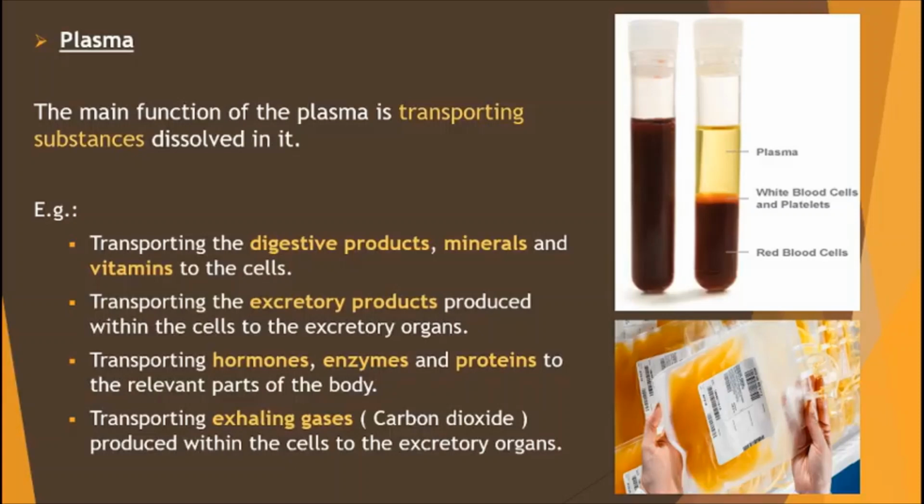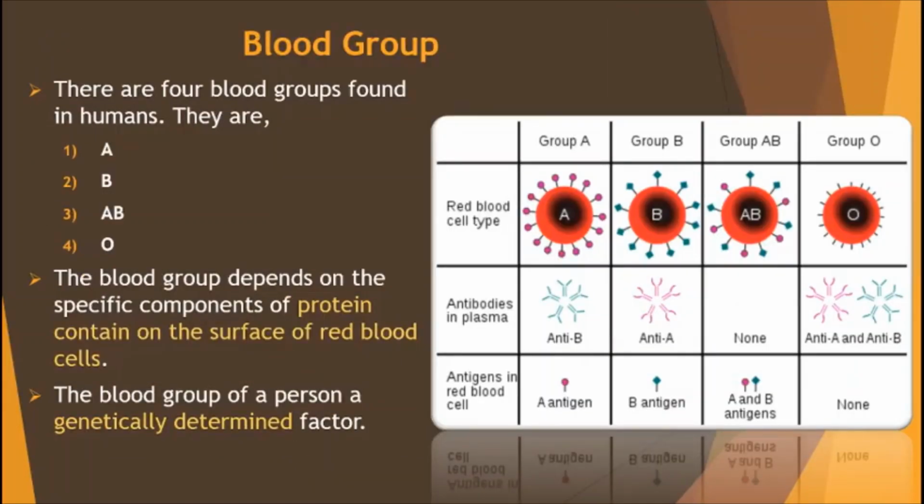Okay, now let's move on to discuss blood groups. There are 4 blood groups found in humans. They are A, B, AB and O. The blood groups depend on the specific protein component on the surface of red blood cells.